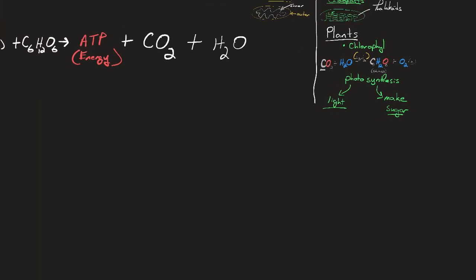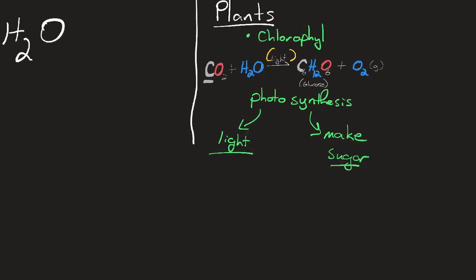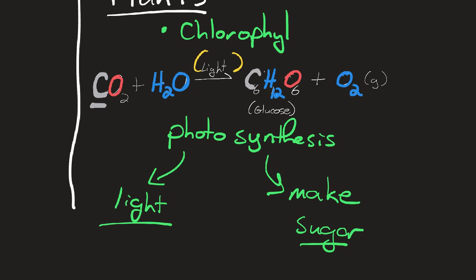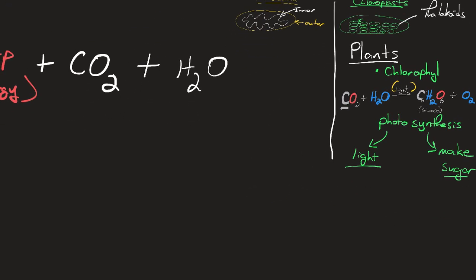Why did you say water? Did you guess? Yeah, but where'd you get water? Because we said it's the opposite, right? And that's what was there. Carbon dioxide and water are here on this side of the reaction in photosynthesis.